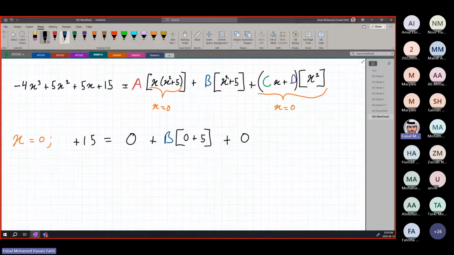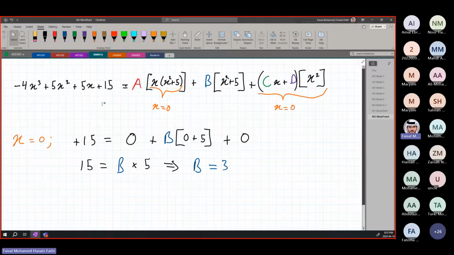If you notice here, instantly we found our b value. So if we simplify this, 15 is equal to b times 5. Therefore, b is going to be equal to 15 over 5, which is 3. Just like we did earlier, we found b.